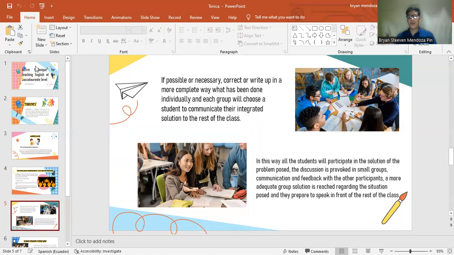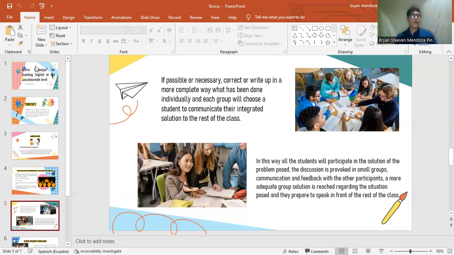The discussion is provoked in the small groups, with communication and feedback with the other participants, and a more adequate group solution is reached regarding the situation posed, and they prepare to speak to the rest of the class.